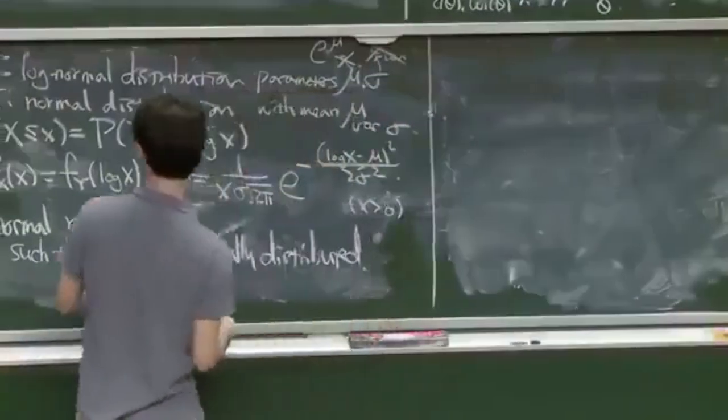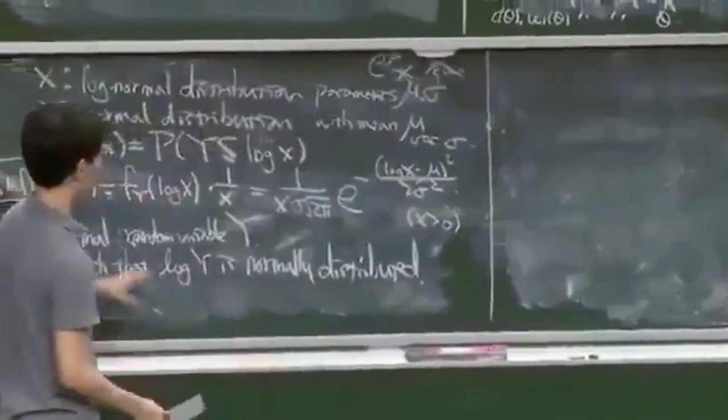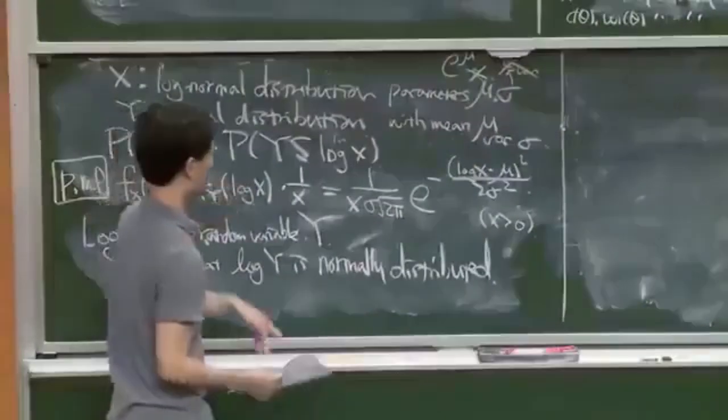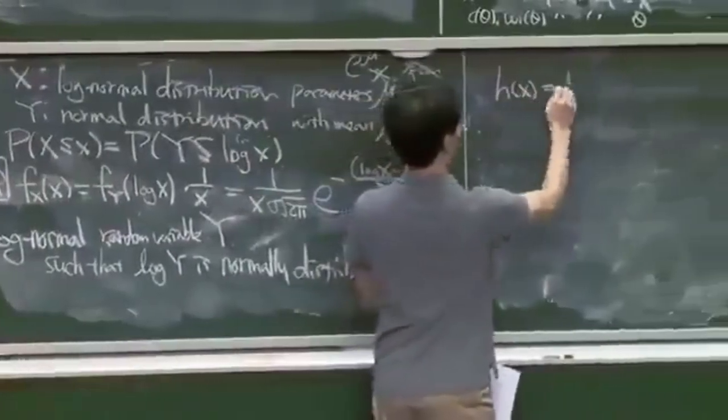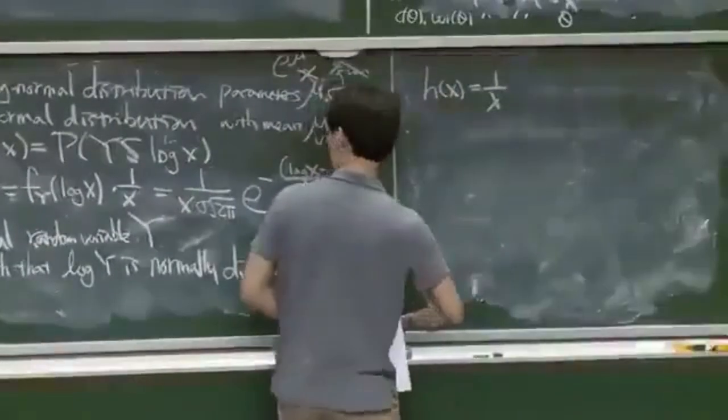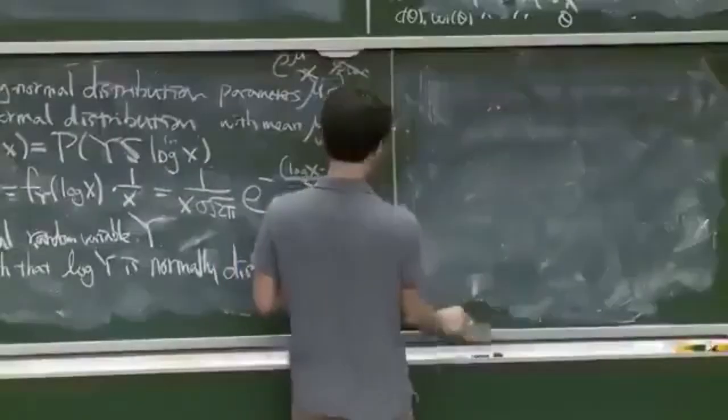Okay. So, sorry about that. Yeah, the log normal distribution. So take h of x, 1 over x. Before that, let's just rewrite the density in a different way.